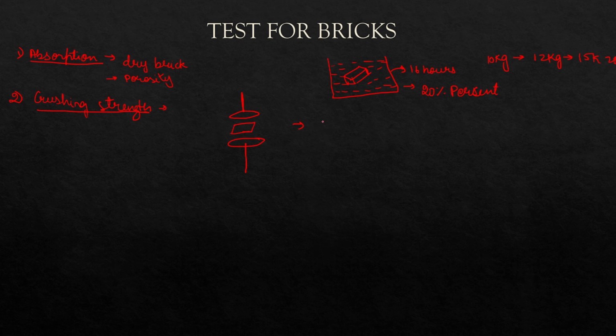According to IS, the minimum crushing strength of brick should be 3.5 N/mm square.